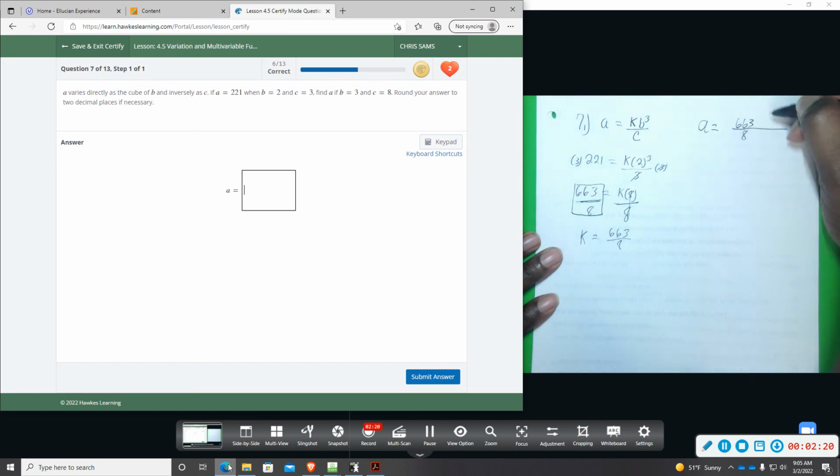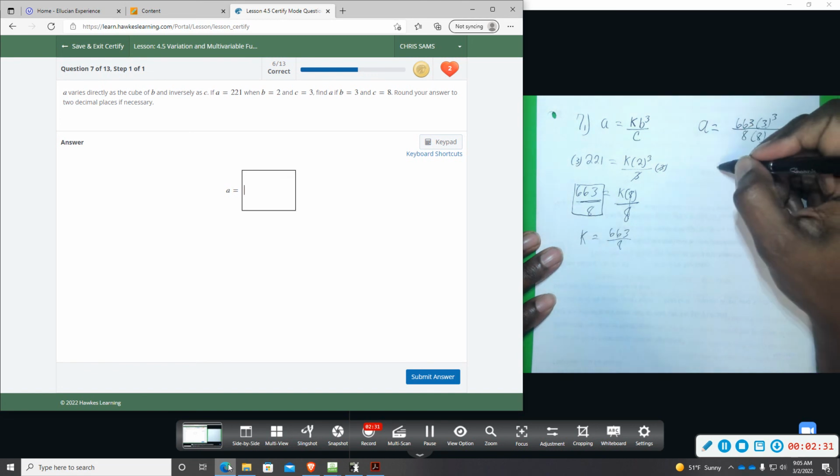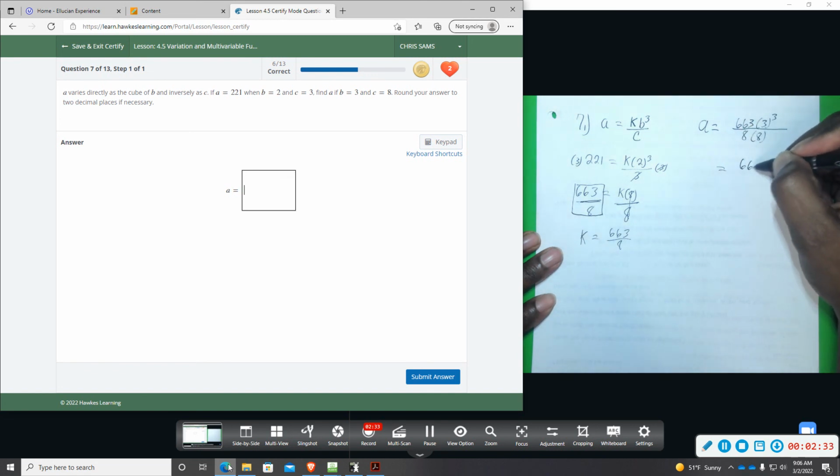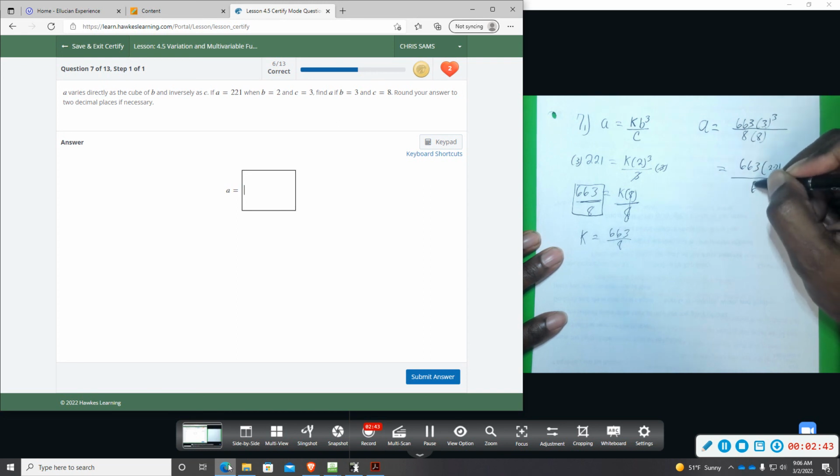So remember, it's cubed. So it's going to be 3 cubed. And then C is 8. So times 8. All right. So if we simplify this, this will be 663, 3 cubed, 3 times 3 is 9, times 3 again is 27. And then this is 8 times 8, which will give us 64.